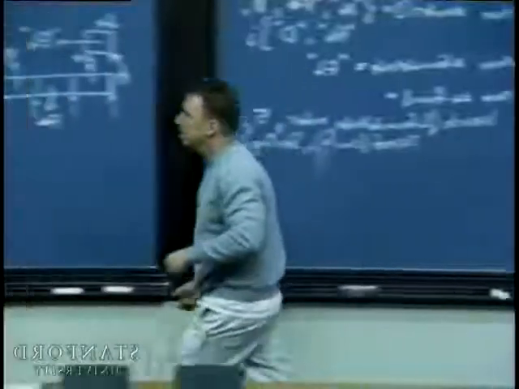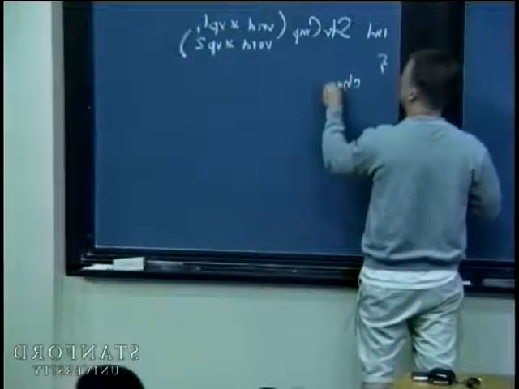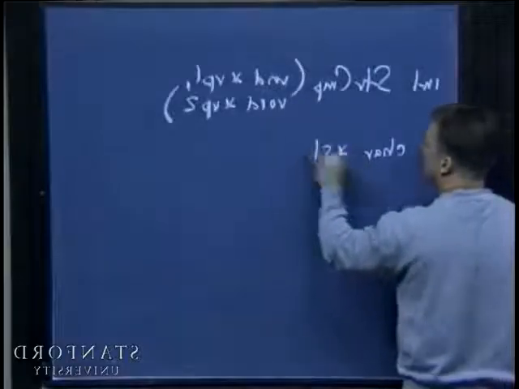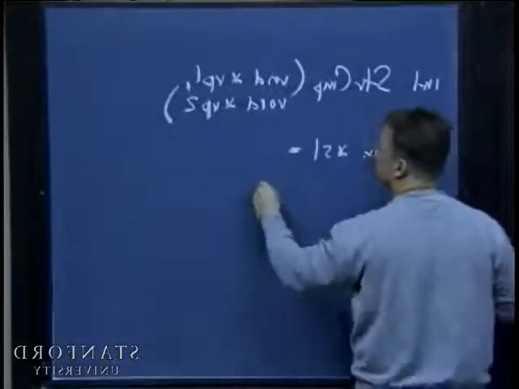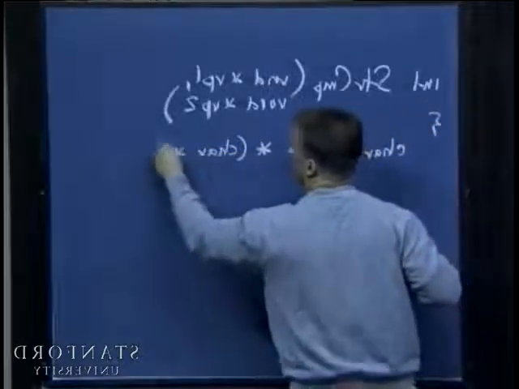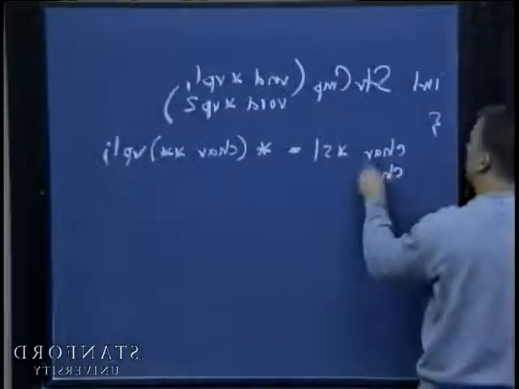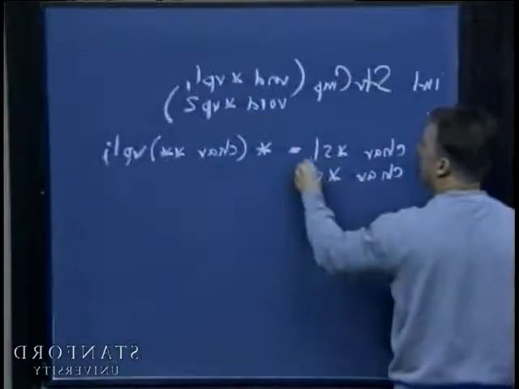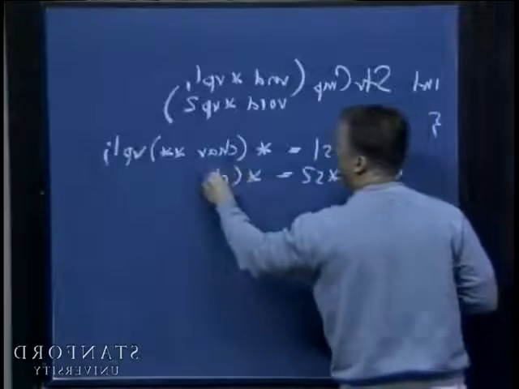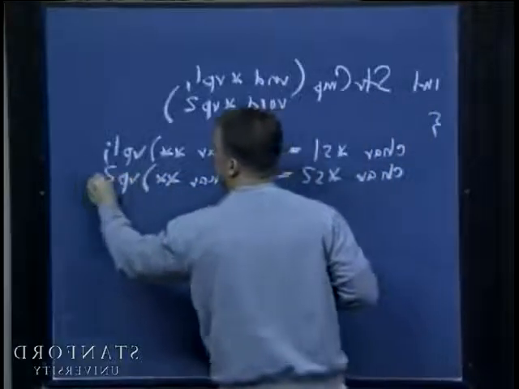So I'm going to go ahead and do this. You're going to love this. Car star S1 for string 1 is equal to asterisk car star star VP1. Asterisk car star star VP2.